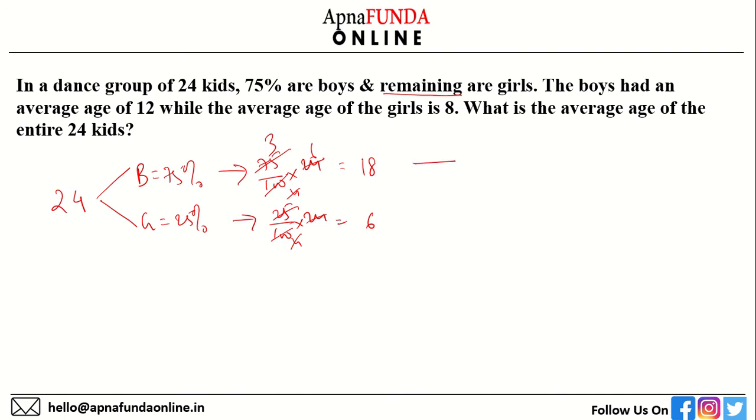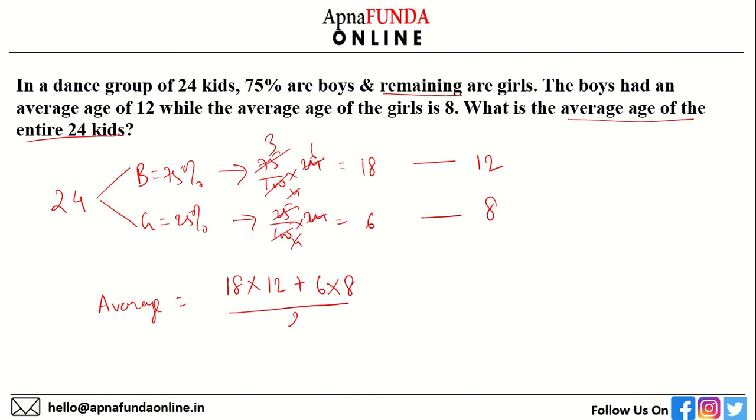Now their average age is 12 for the boys, and the girls are 8. We need to find the average age of the entire 24 kids. So my average becomes 18 into 12 plus 6 into 8 divided by 24.